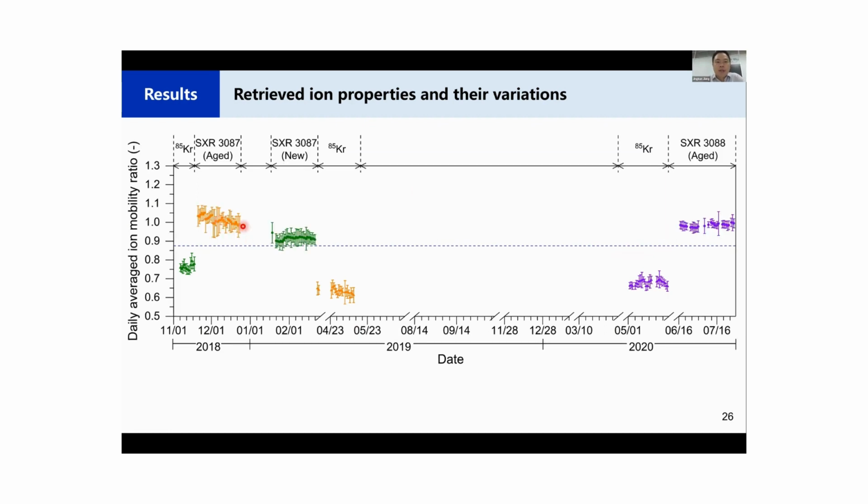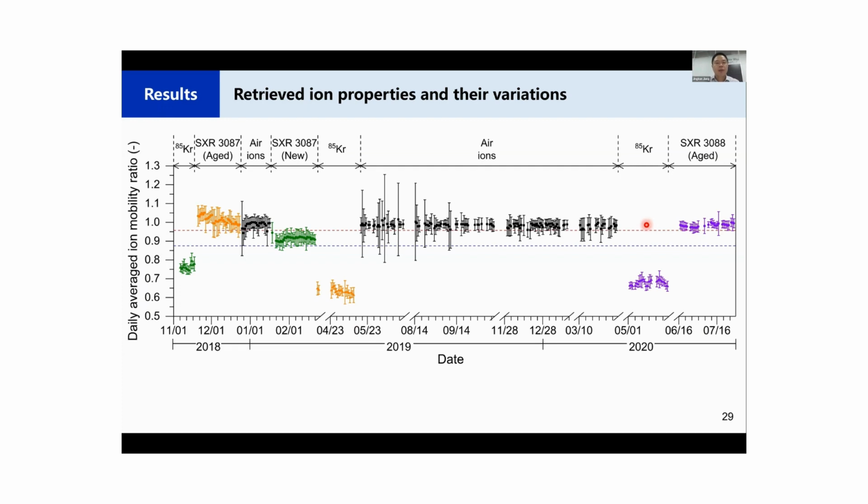The data shown here is for the soft X-rays, and this middle one, the green data, is a new soft X-ray, whose ion mobility ratio is somewhat below 1, and when it's aged, it can actually go up slightly, sometimes above 1. In comparison, this red dashed line is the ion mobility ratio people use to develop the fixed charge fractions, 1.957.